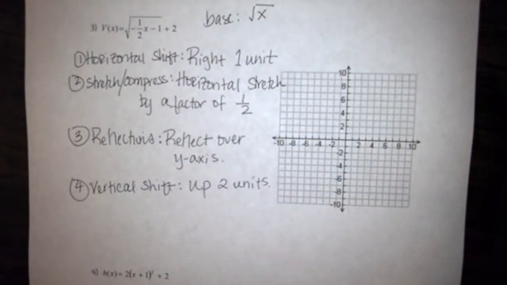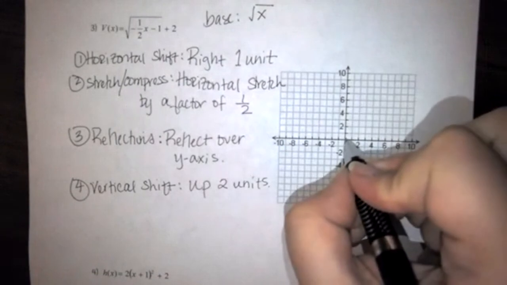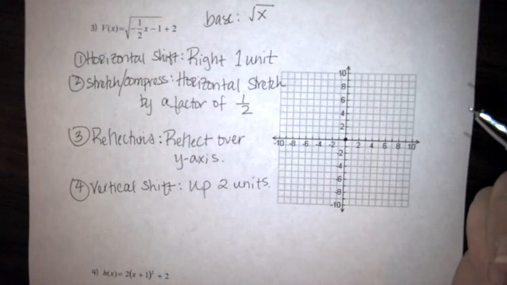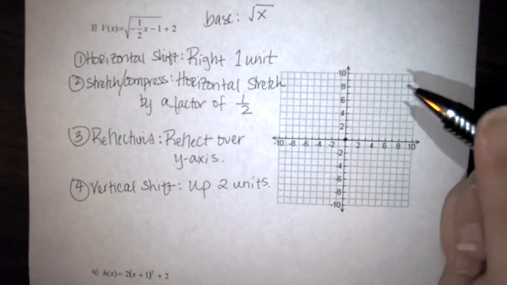So the first thing we need to do is graph the original. So again, my original is the square root of x. The square root of 0 is 0, so we can start it right there. Because it's a square root, I can't have negative x values, so I'm only looking at the positive. And I want to make it easy.